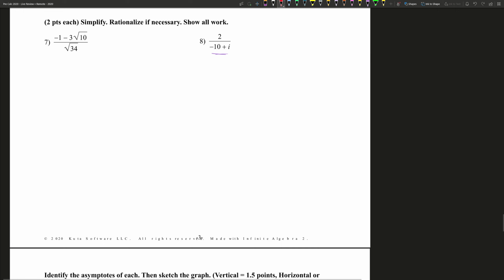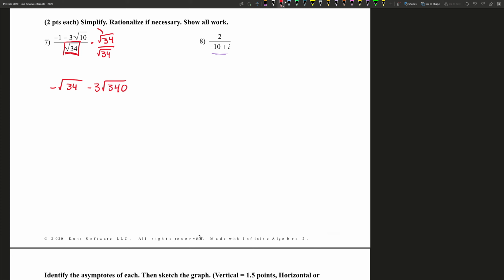So let's do number 7 first, right? Whenever we have just a square root in the denominator, so nothing else, we just multiply by that square root over itself. Right, we're just multiplying by 1, so we're not changing anything. We just have to cancel out that square root. All right, so when we do that, we get negative square root of 34 minus 3 rad 340.